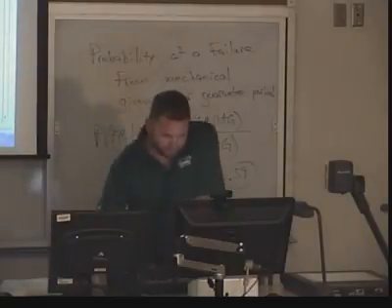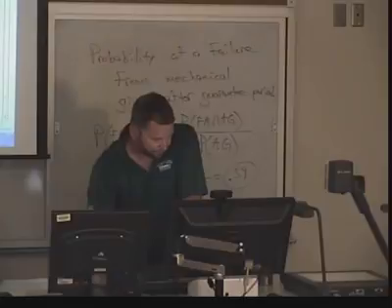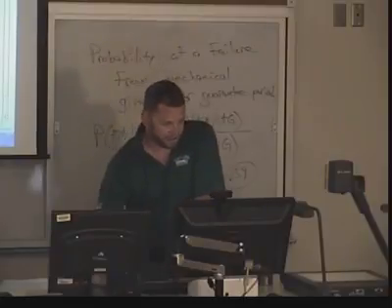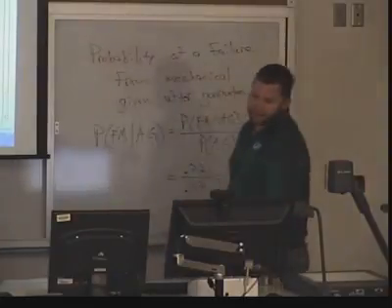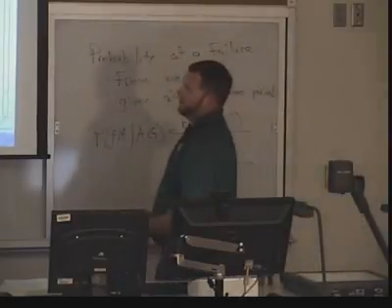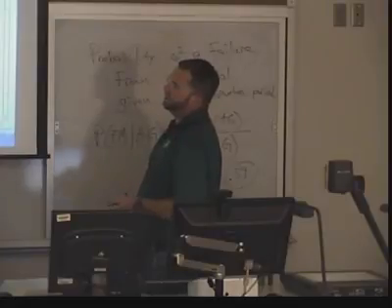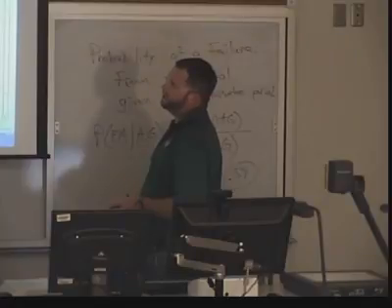And here's a good example on the next page. Okay, so let's talk about independence. Consider the experiment of tossing a fair die, so a 6-sided fair die. Event A is observing an even number. Event B is observe a number less than or equal to 4.